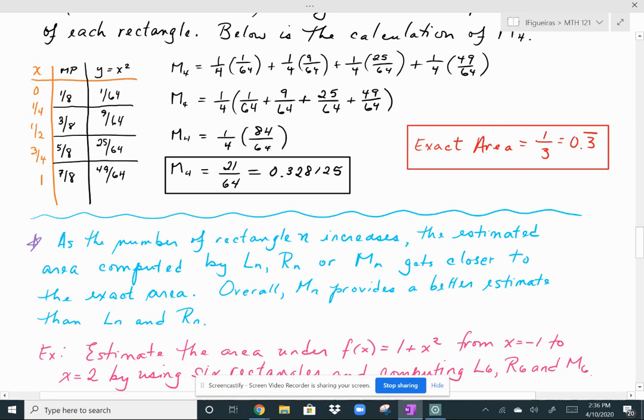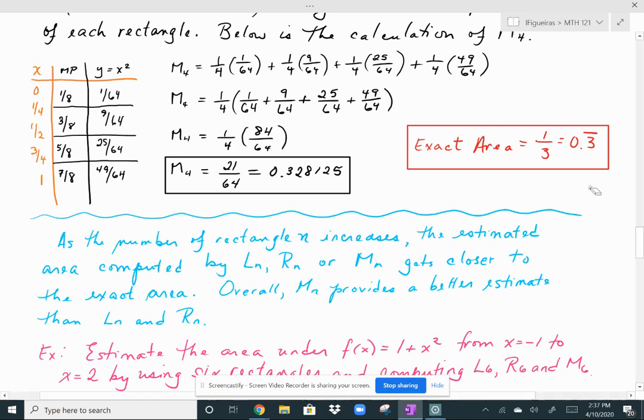So if in the above example, instead of using 4 rectangles, we used 8 or 12 or 30, our computations would get closer and closer to this value for all of them. L sub 30, for example, R sub 30, and M sub 30 would all get much closer to the value of a third.